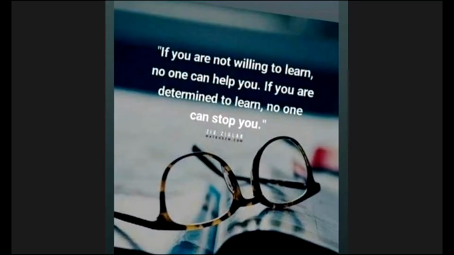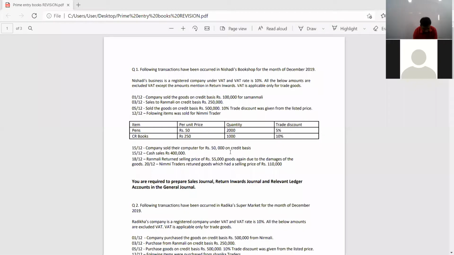Definitely this time there would be VAT in the company question as well, right? Yeah? So now we can all see the question, I guess. Now since we have the question, we'll move on.